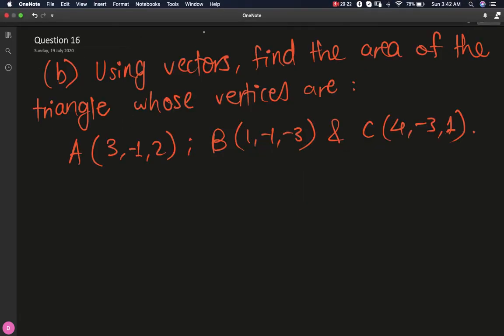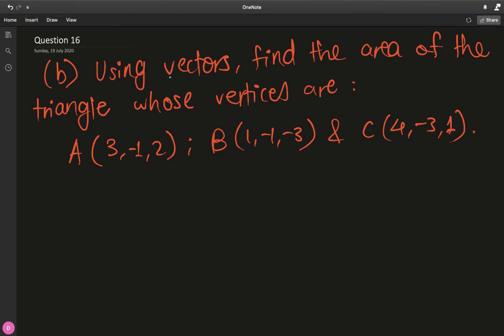Okay, so now we find ourselves doing question number 16, now subpart B, which was actually the option. So using vectors, find the area of the triangle whose vertices are A (3, -1, 2), B (1, -1, -3), and C (4, -3, 1).